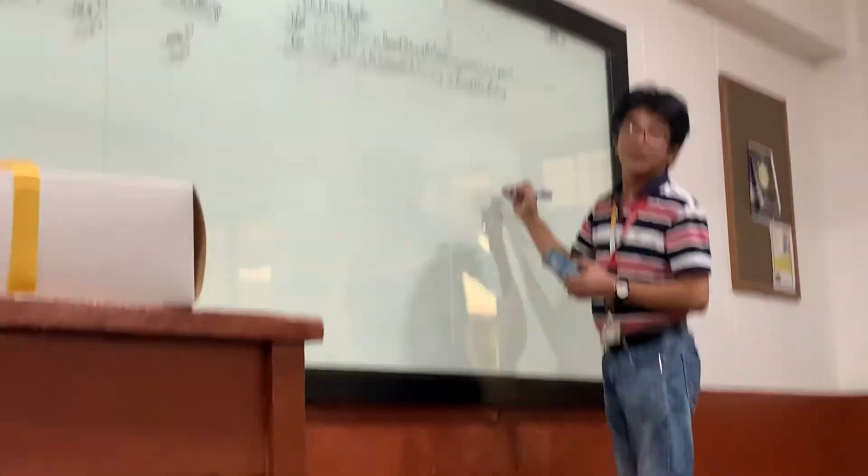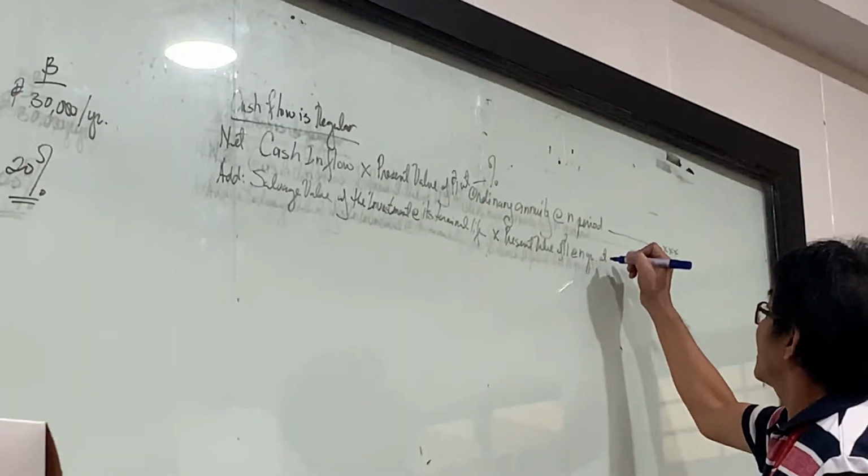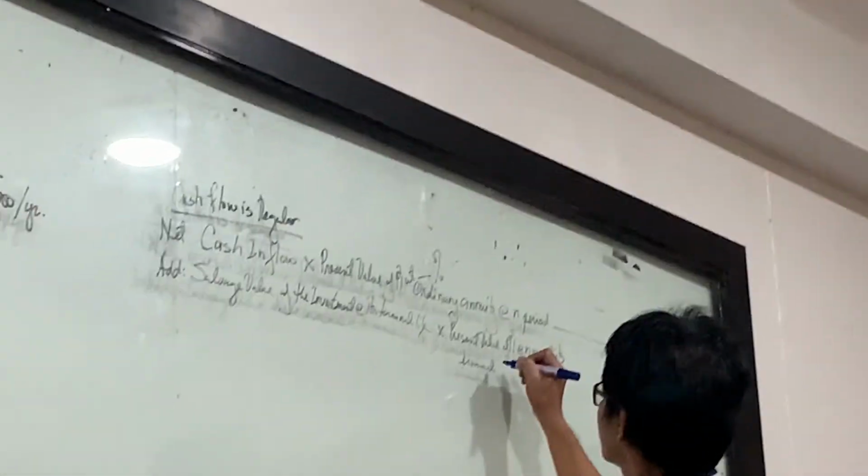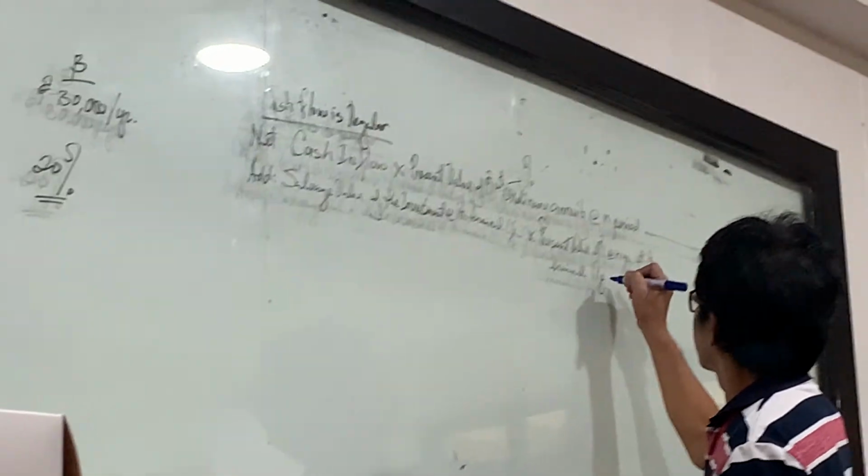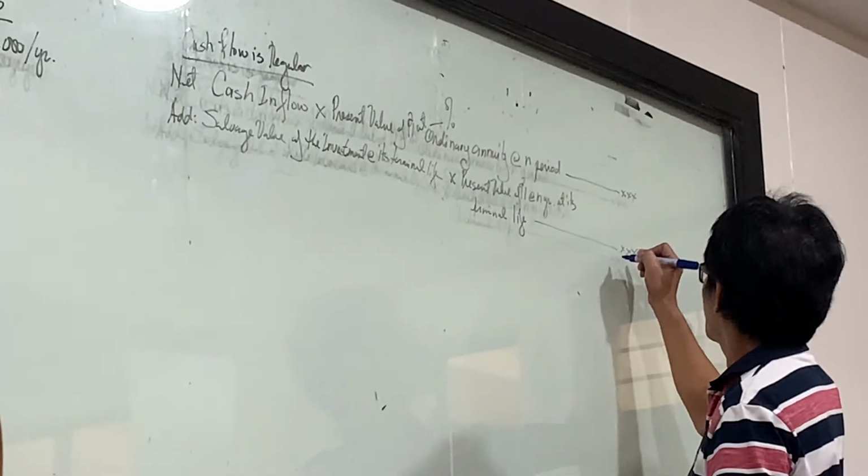So, salvage value of the investment at its terminal life times present value of 1 at n years at its terminal life. Add na. Please take note. Add na.